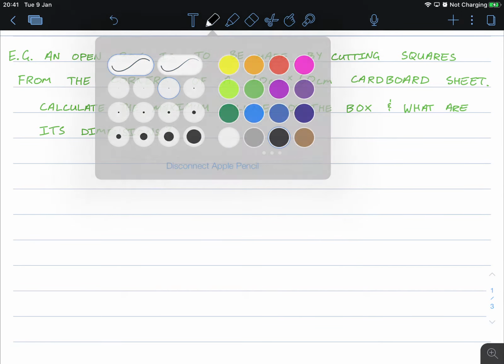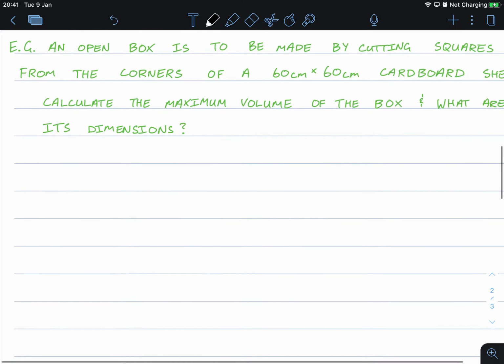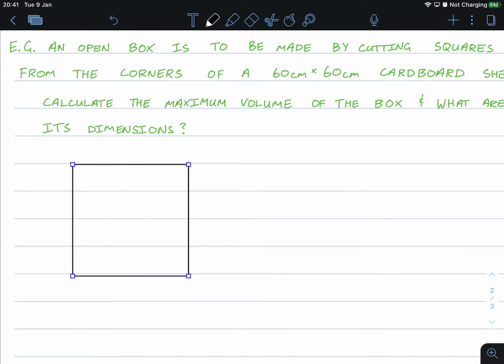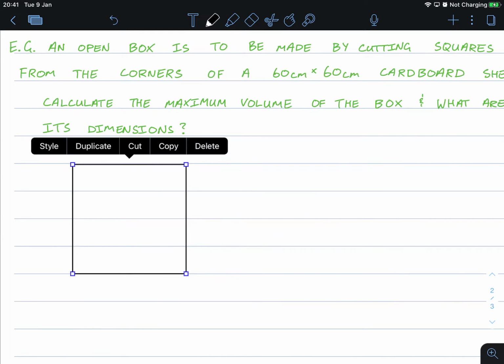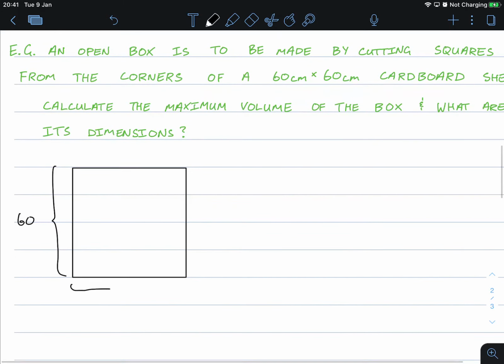An open box is to be made by cutting the corners from a 60 by 60 cardboard sheet. So let's draw out that 60 by 60 cardboard sheet. It'll look something like this. So this is 60 centimeters, and so is this one here.